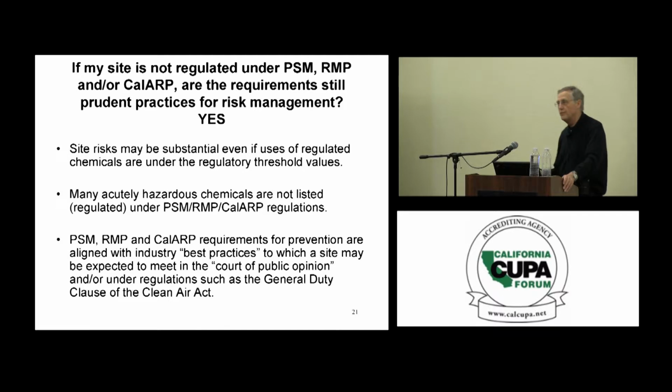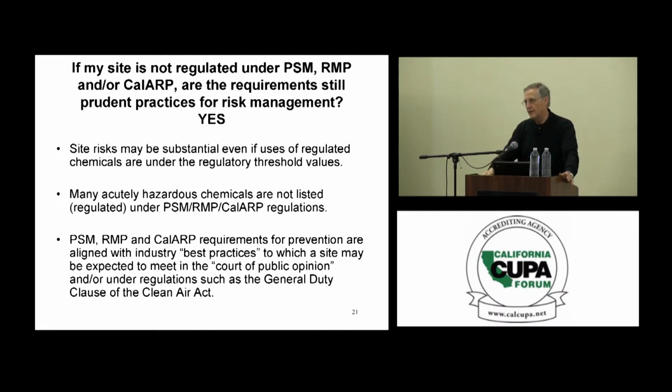And so those of you who are in the operating area, if you're using propane for a process use, and you have 9,900 pounds of propane, and you're under the threshold, does that mean you should not have a process safety management system? Absolutely not. It does not mean that.